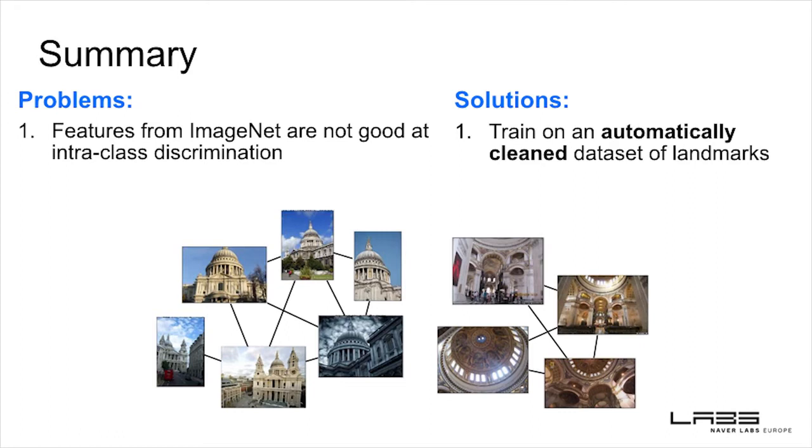So now to summarize what I showed you, we started looking at this instance level retrieval problem, and we identified 3 things that were limiting previous methods. The first one is the fact that features were pre-trained on ImageNet. That is not good for intra-class discrimination. That's why we proposed to use a different data set of landmarks, and we started from an existing data set that we automatically cleaned.